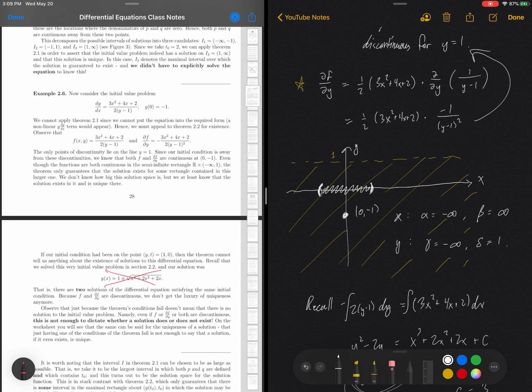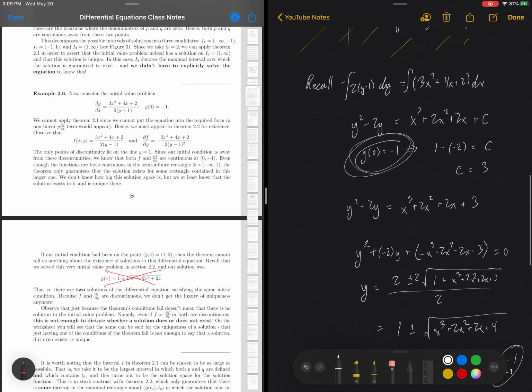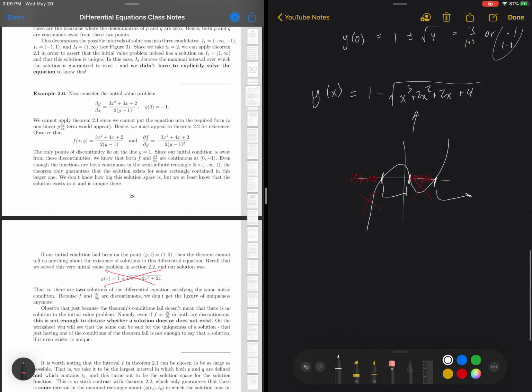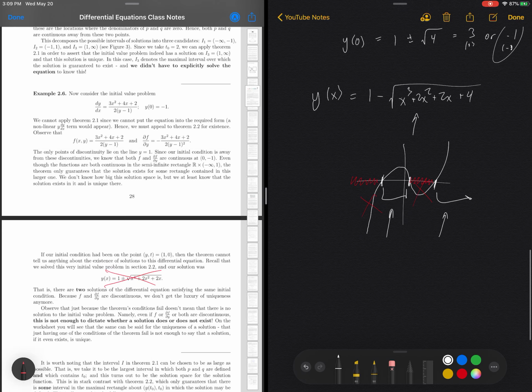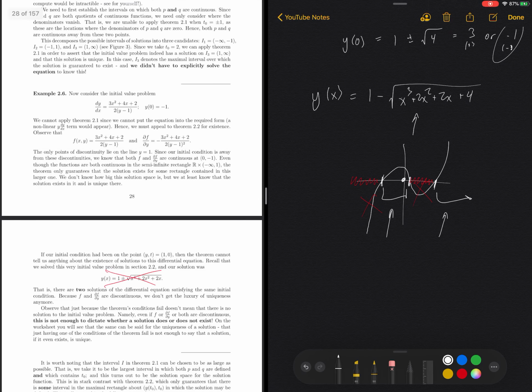Okay, so that's what this says. So even though our rectangle guaranteed that the rate function was continuous and its first derivative with respect to y was continuous for the entire real line, I'm really only guaranteed that a solution exists for small intervals around my initial condition, and I would imagine it would look something like this.